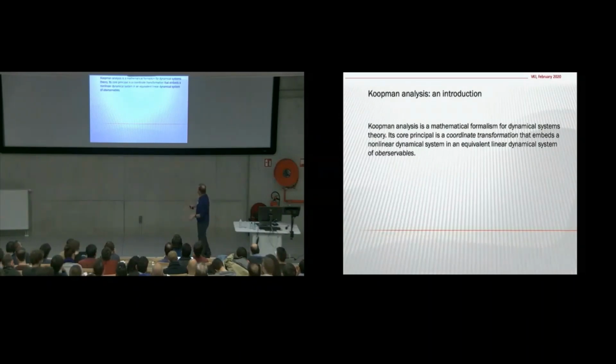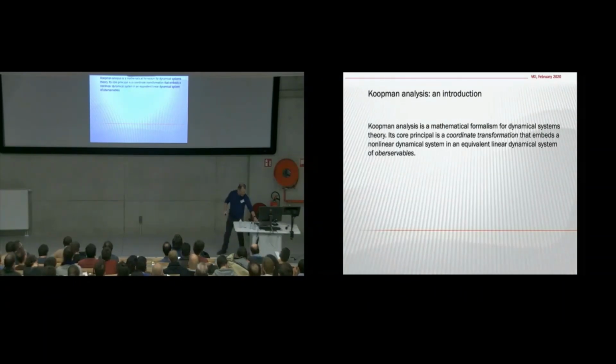The Koopman viewpoint is doing it very differently. The Koopman viewpoint is trying to actually transform a dynamical system, a nonlinear dynamical system, through a nonlinear coordinate transformation into a dynamical system of observables that behave linearly. Okay?